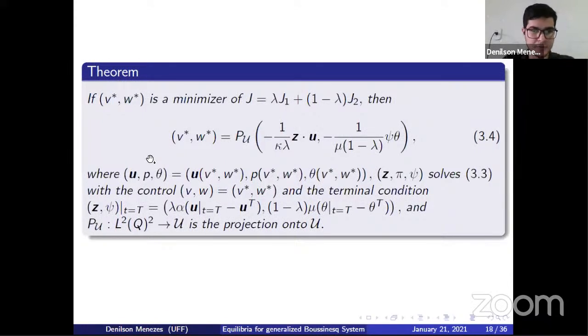So from the previous results, if V star, W star is a minimizer of J, then it can be written as a projection of this pair on U, where U pi and theta is the state with this control, and Z, I and psi solve our adjoint system with this control and this terminal condition.